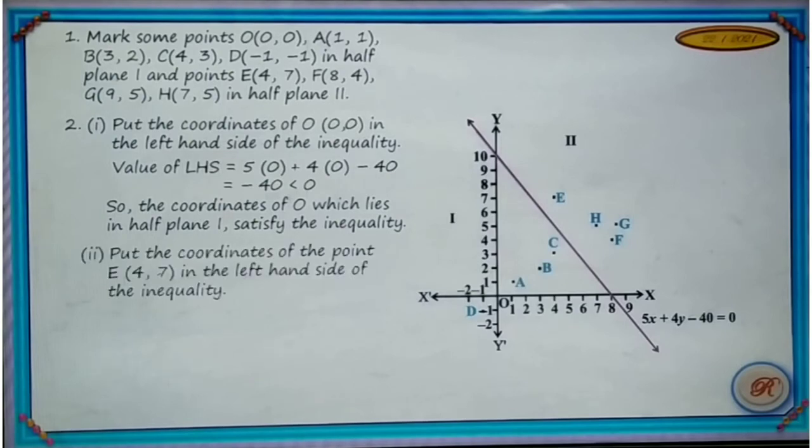Put the coordinates of the point E, 4, 7, in the left hand side of the inequality. Value of LHS is equal to 5 into 4 plus 4 into 7 minus 40 is equal to 8, greater than 0. So, the coordinates of the point E, which lies in the half plane 2, does not satisfy the given inequality.